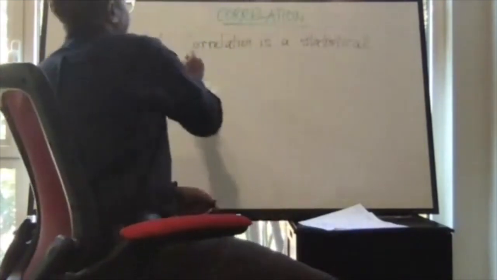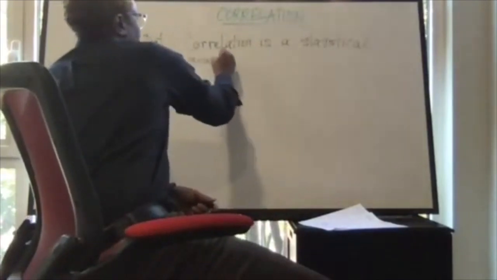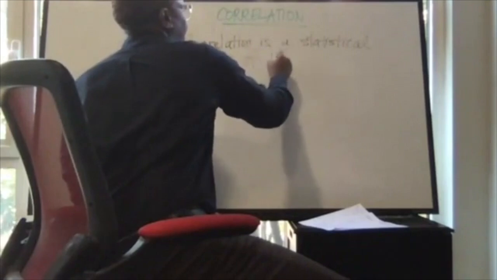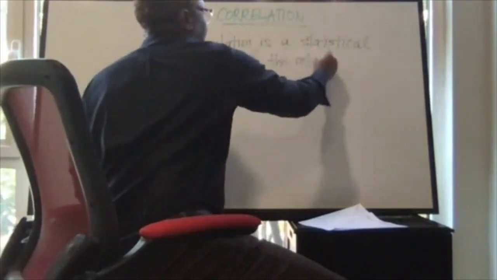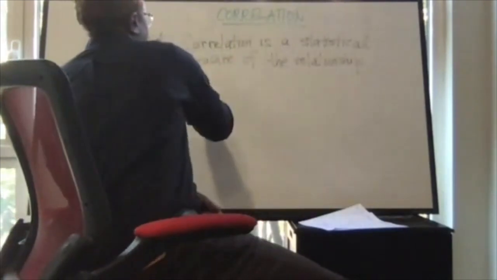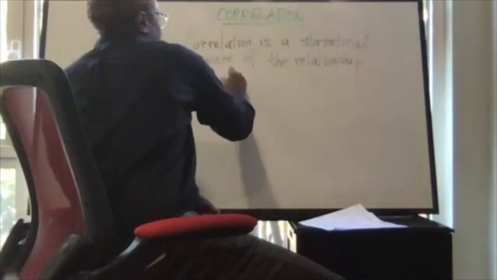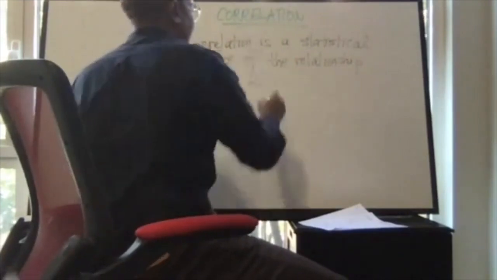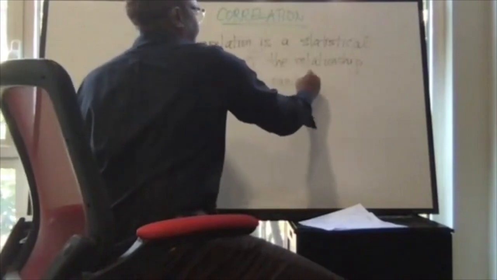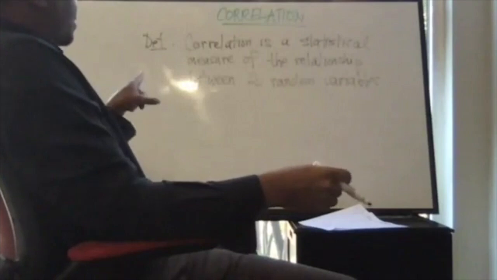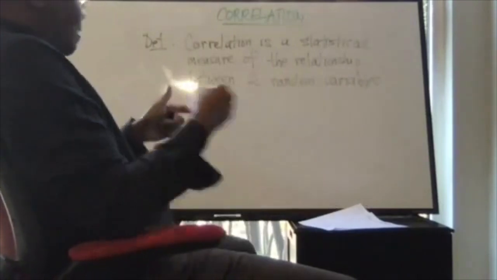Correlation is a statistical measure of the relationship between two random variables. I'm going to repeat this. Correlation is a statistical measure of the relationship between two random variables.